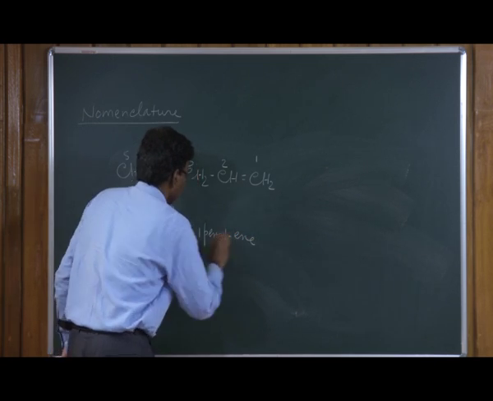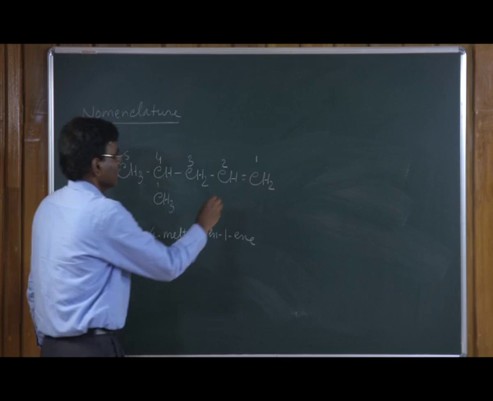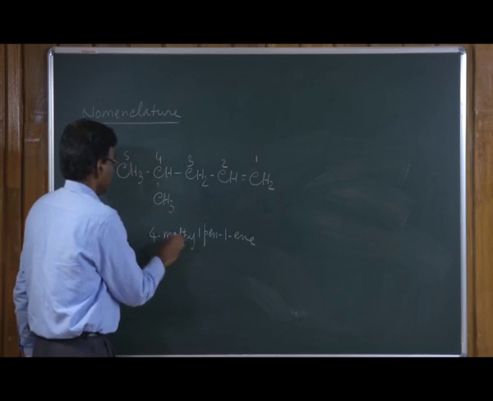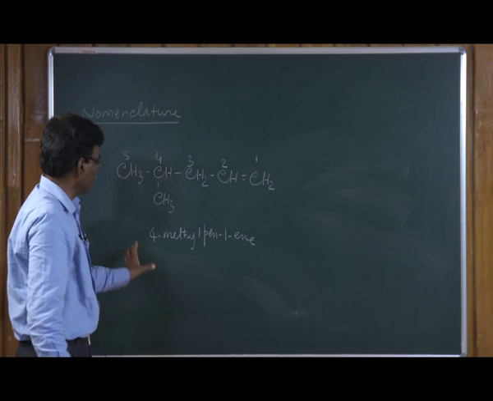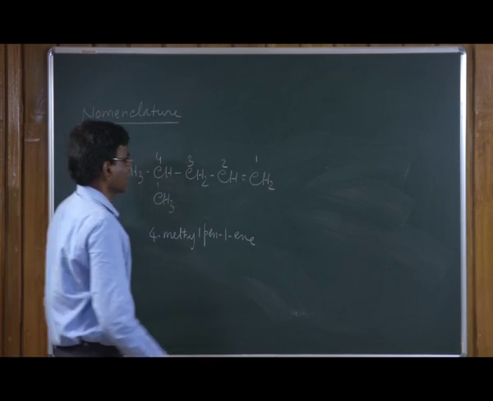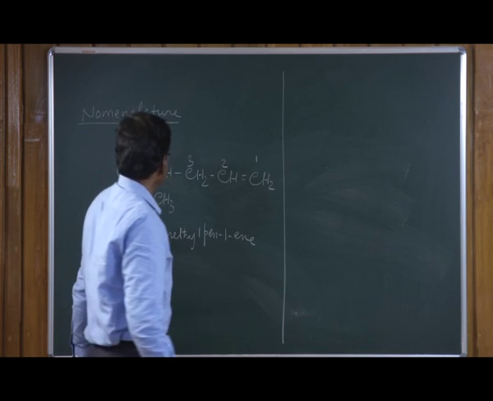This is the IUPAC name of this molecule, and this is the position of the double bond and the methyl substituent present at the carbon atom 4. Therefore, it is called 4-methyl-1-pentene. Let us take one more example.